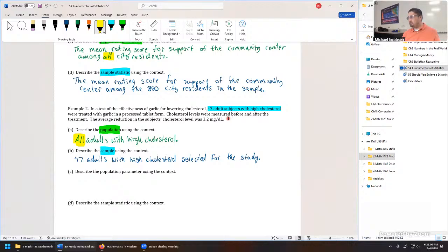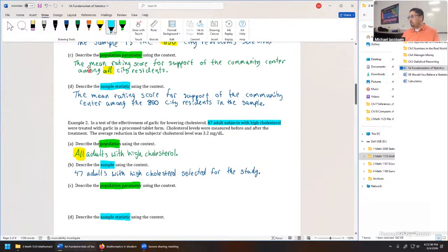Okay. Now, next thing we want to do, similar to the last question, is come up with a population parameter, some number that describes the entire population, come up with a sample statistic, some number that describes just the sample of 47 adults. We're describing it.